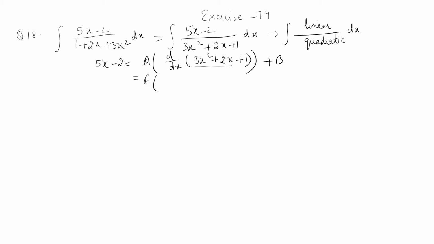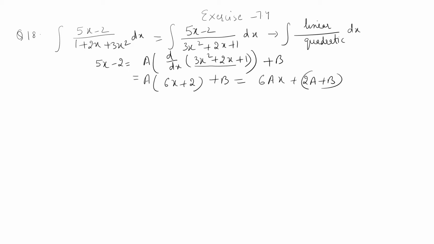So the derivative of 3x square plus 2x is your 6x plus 2, right? And the derivative of 1 is 0, plus b. Now separate the coefficients of the variable x and the constant term. So I'll get 6ax plus 2a plus b, right?